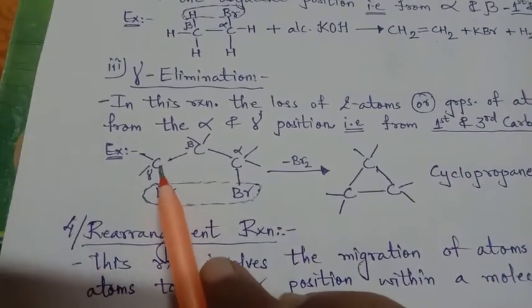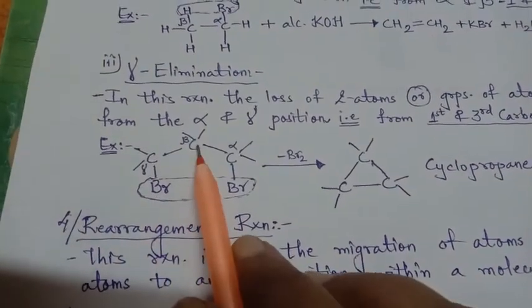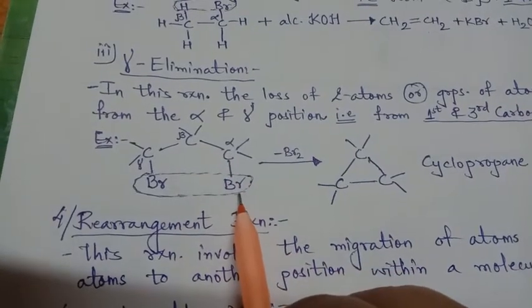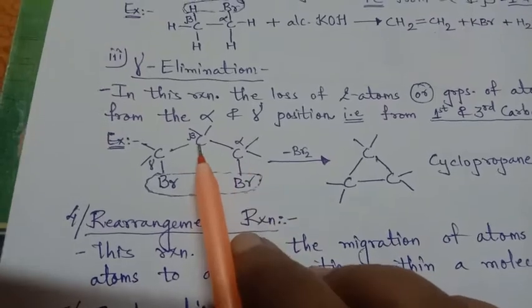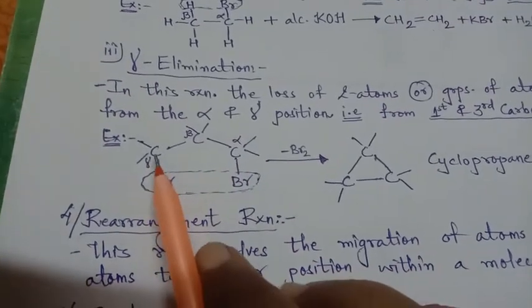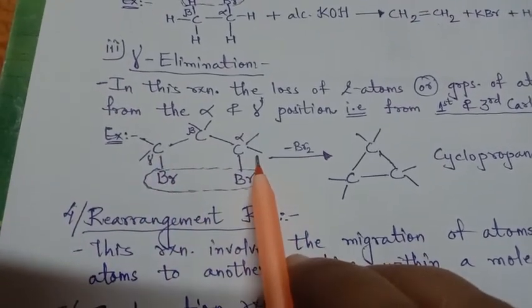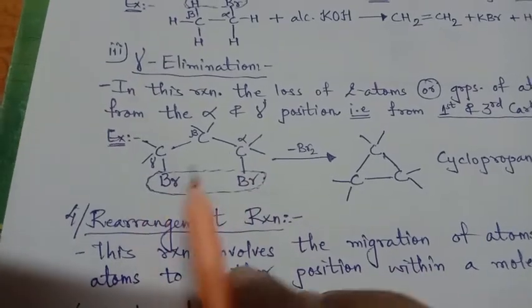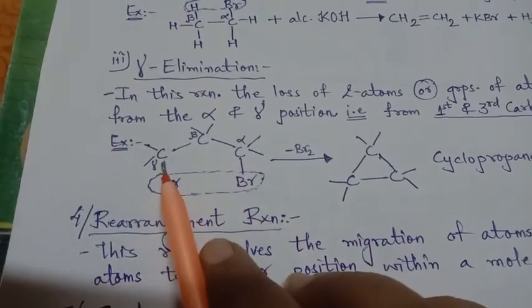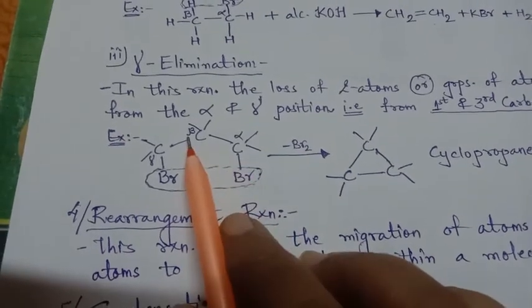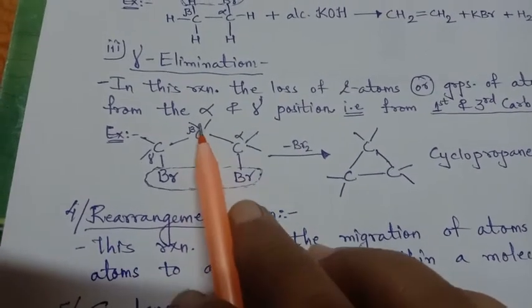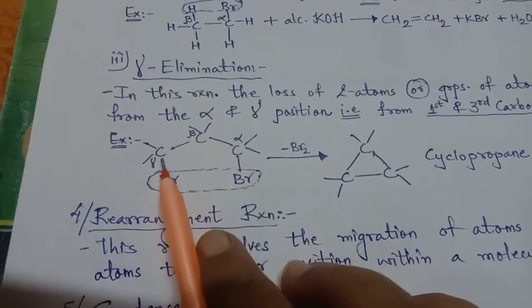Suppose we have here CBr, C and CBr, right? Then if we consider these as alpha, first, second, third, then the removal of Br and Br from the first and third, alternate, see here, adjacent is not taking place, but leaving one in between and then the third.